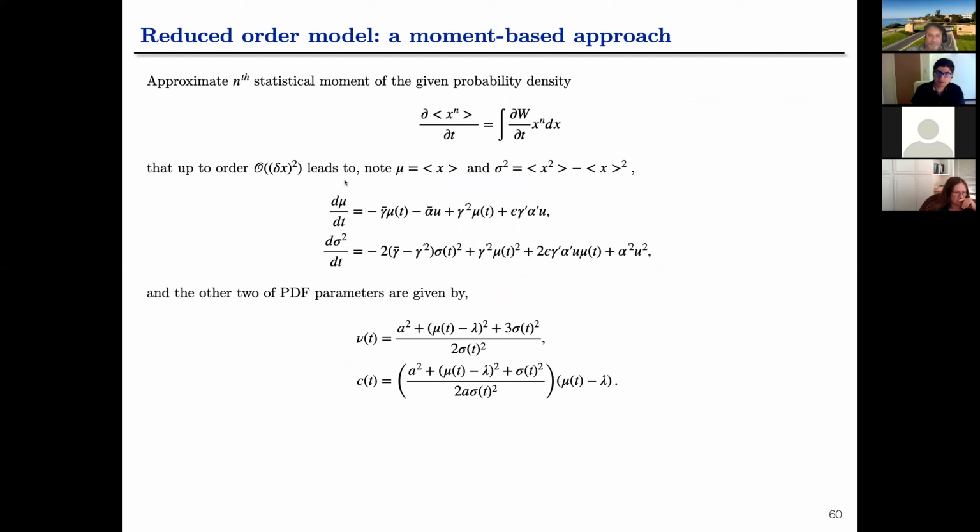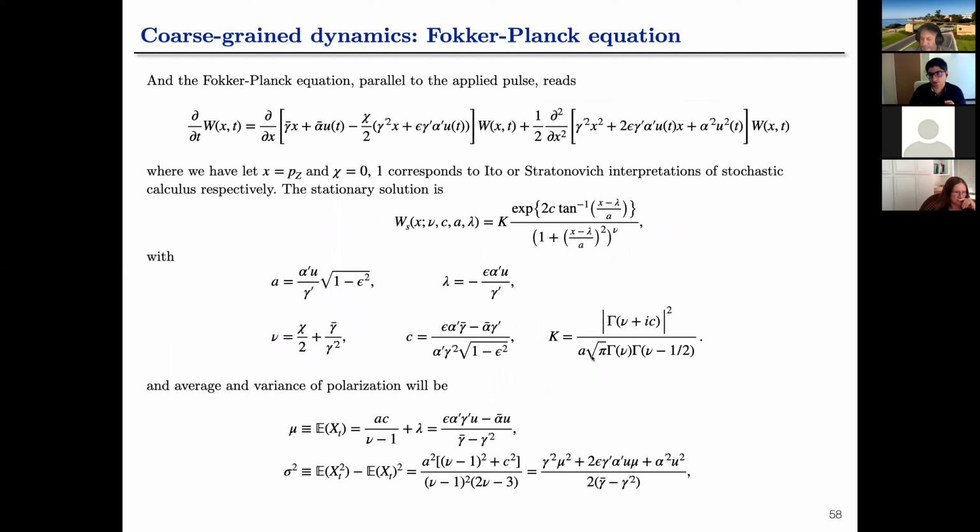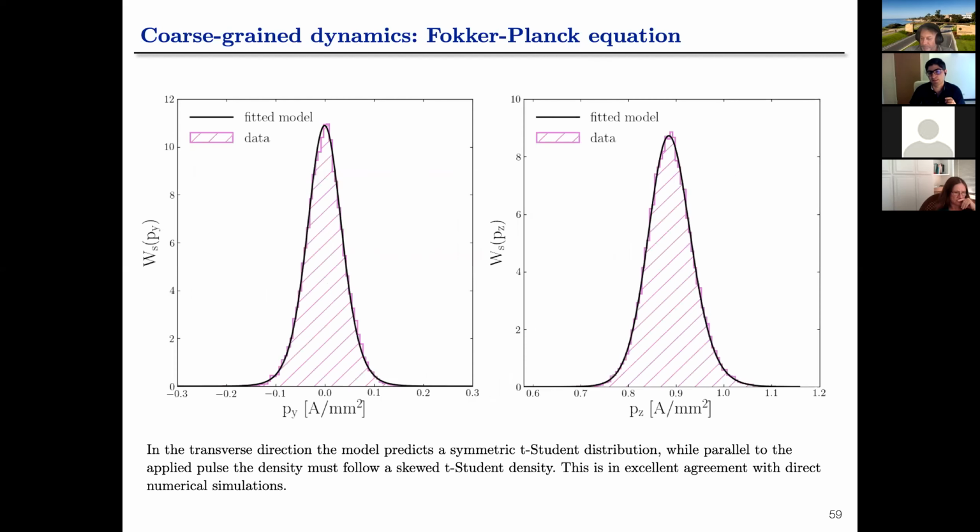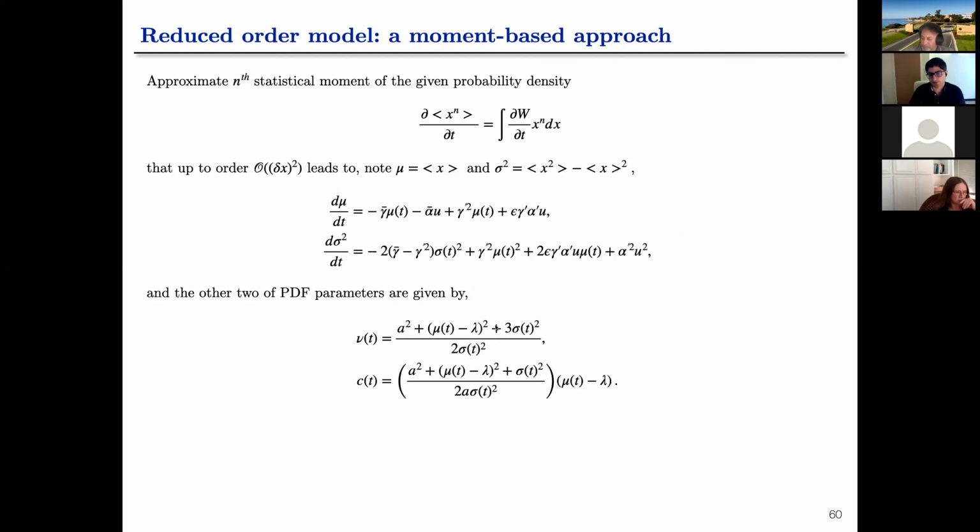And then you get this system of ODEs that tells you how these statistical moments evolve with time. They have their limit actually, but we can discuss that later if you want. And the rest of the parameters, nu and c, determine how sharp the skewed Student's t distribution is. So nu is here, and c is actually the power of this exponent, and they are related to the rest of the parameters, as you see.